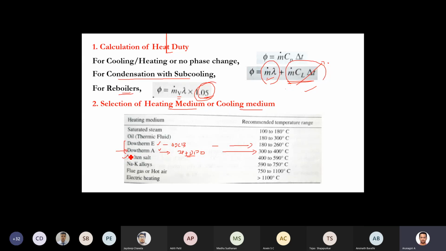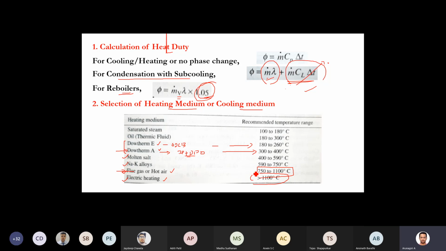Okay. There are molten salt, you can use sodium potassium alloys, flue gas, then electric heating. Electric heating is normally used above 1100 degrees centigrade for heating purposes. Flue gas or hot air, this is recovery of waste heat from the flue gas, used in the range 750 to 1100 degrees centigrade.